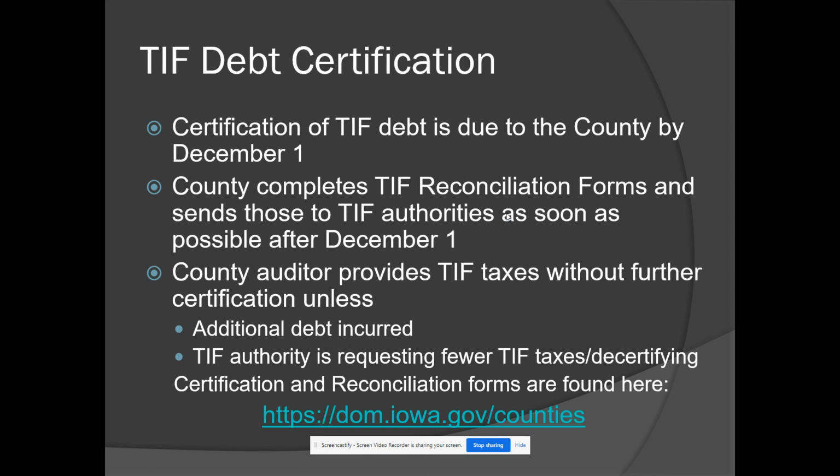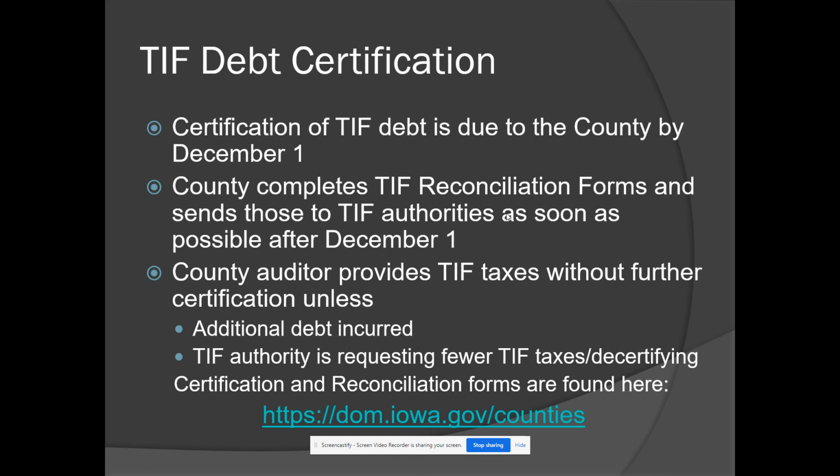In other words, say, okay, we actually paid some of this debt that I originally certified from another source, so I need to communicate that to the county auditor and say, this debt is actually less than what we initially certified. Or, of course, if they have additional debt that needs to be repaid, they would certify that debt as well. The certification and reconciliation forms are found on the Department of Management website.